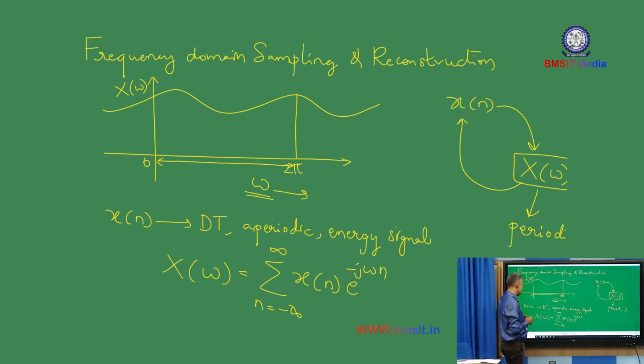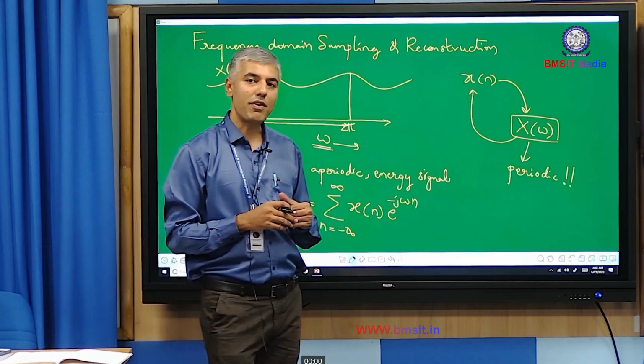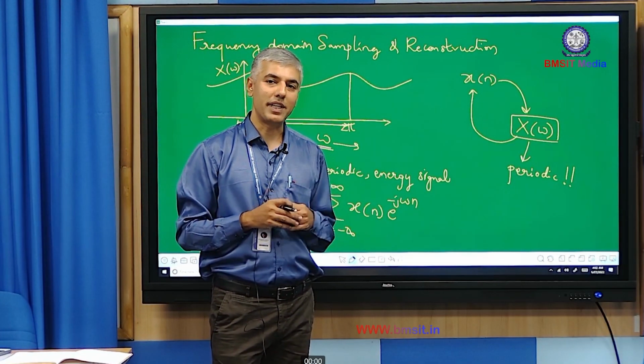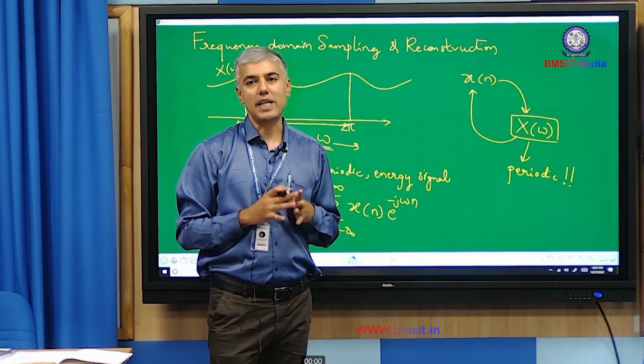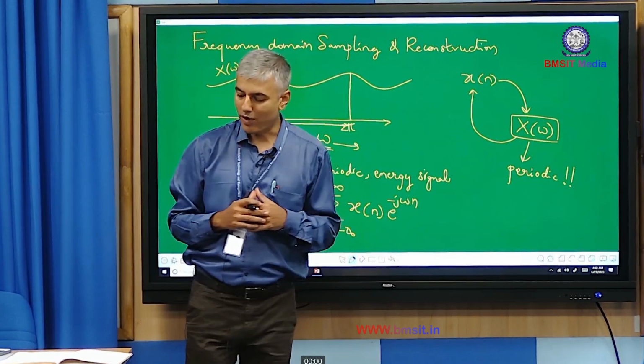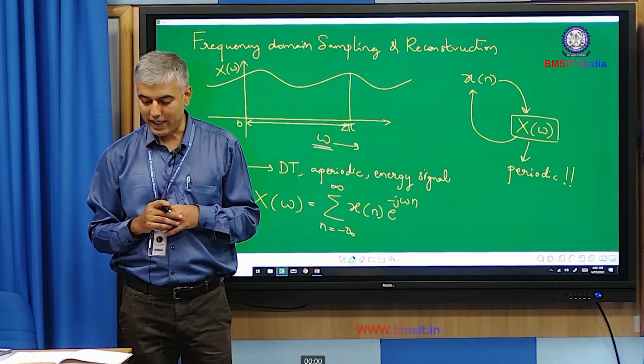This is the representation of x of n in the frequency domain. You can observe that the variable n is ranging from minus infinity to plus infinity, and this is our standard Fourier transform or Fourier domain representation.